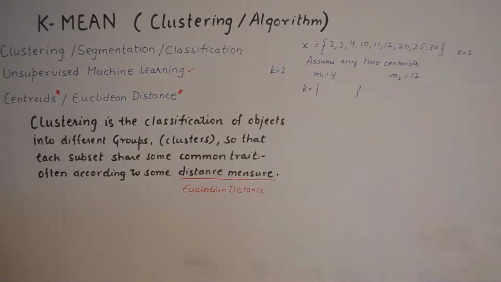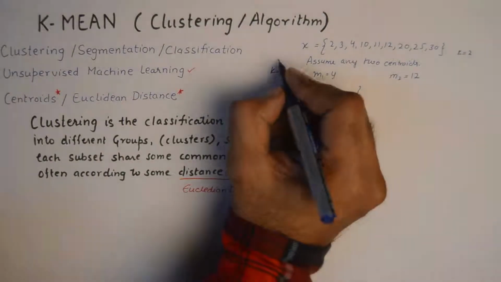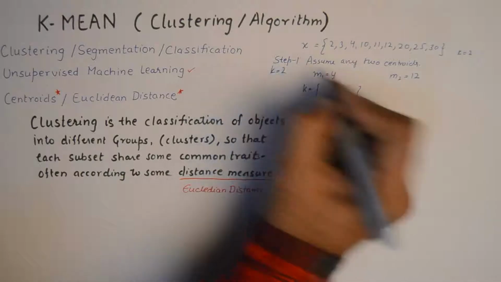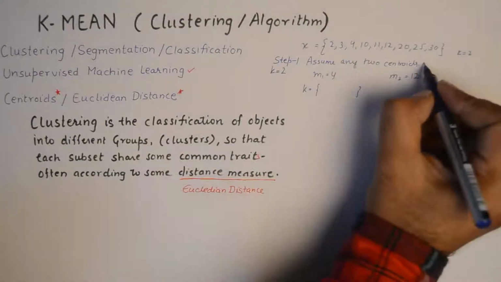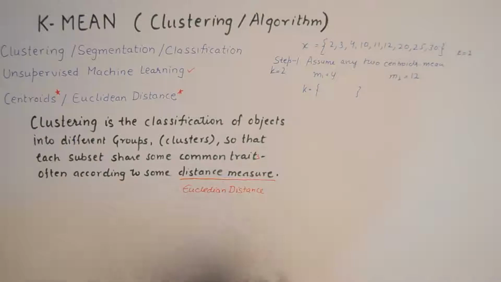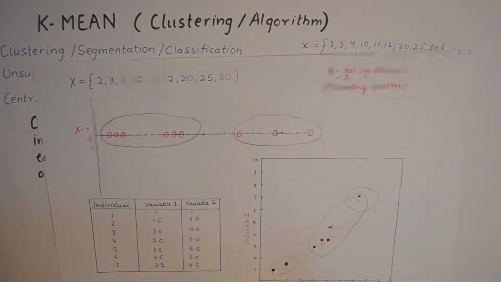Now the first step for clustering data is to assume these centroids or the means, and that happens by randomly assuming. So this is step number 1. So we assume any two centroids or means on our feature space.